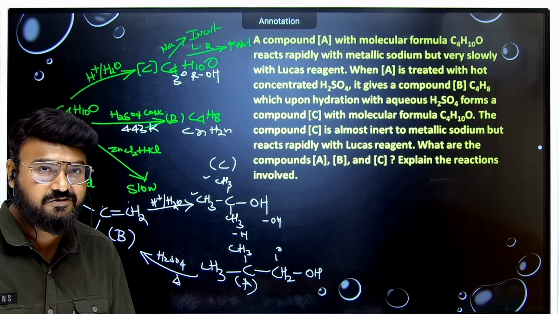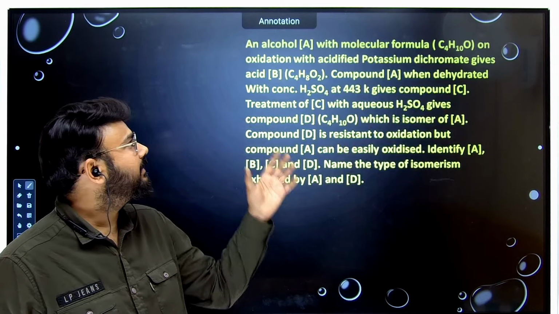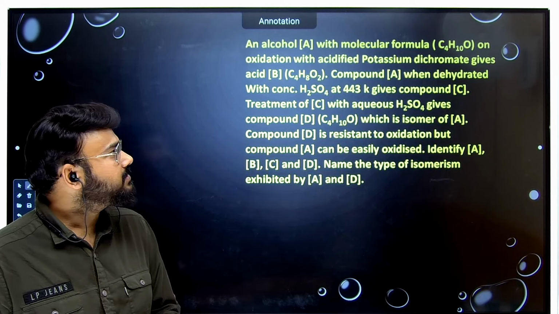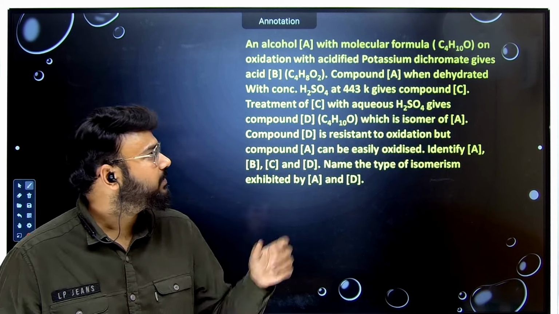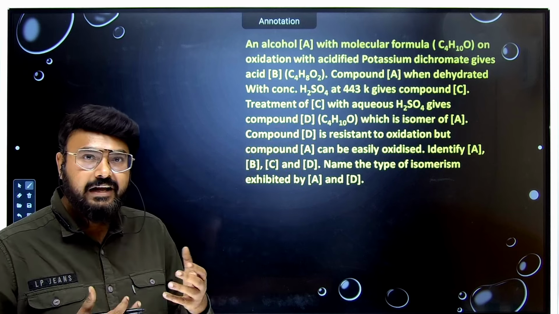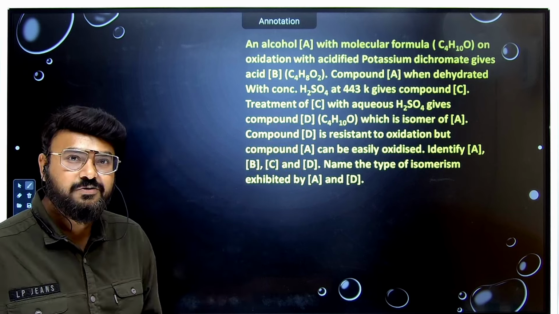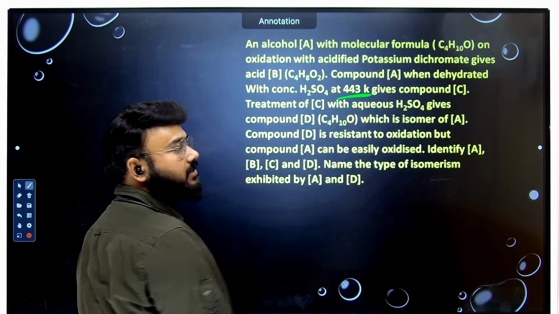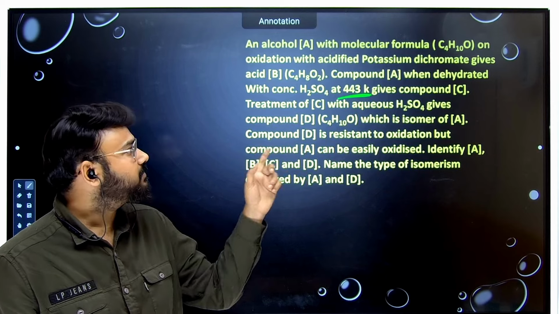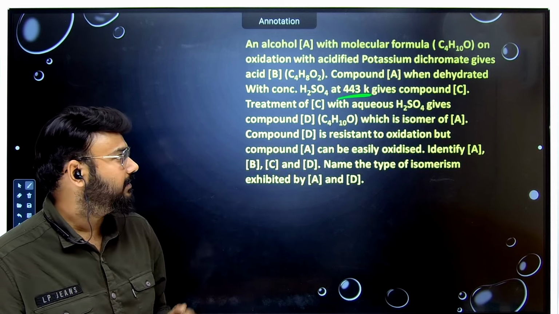So let's move to the next question. In the last question, you can see it says alcohol A with molecular formula C4H10O on oxidation with acidified potassium dichromate gives B, C4H8O2. Then it says compound A when dehydrated with concentrated H2SO4 at 443 Kelvin, now this temperature is very, very important, gives compound C. Now treatment of C with aqueous H2SO4 gives D, C4H10O.